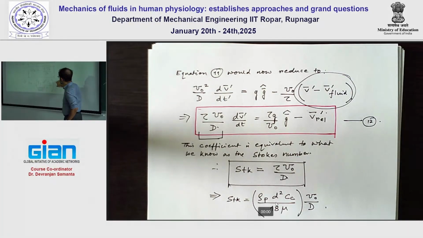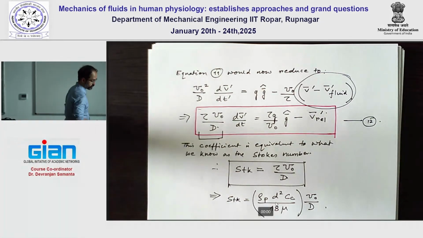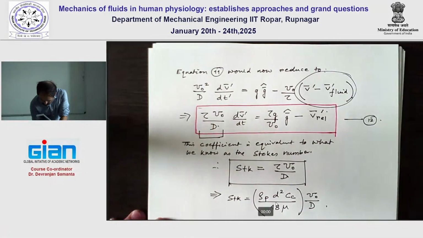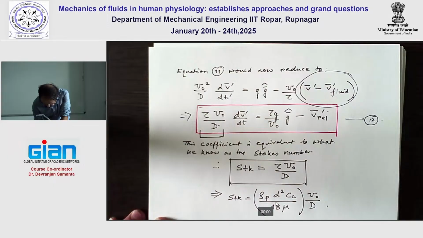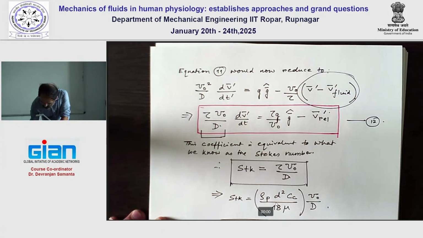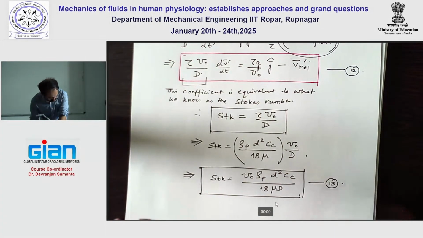So basically you can think of the Stokes number as a dimensionless portion of the particle relaxation time as well. So STK is u naught rho p d square Cc over 18 mu d. Yeah, sorry. So let's call it equation 13.